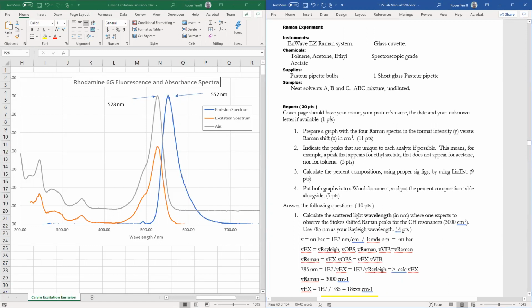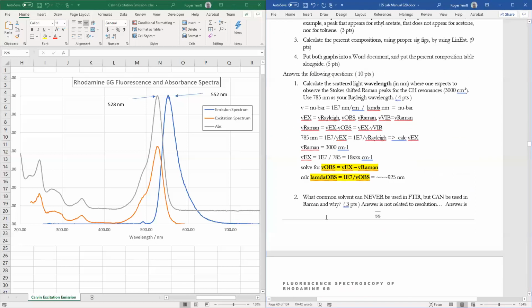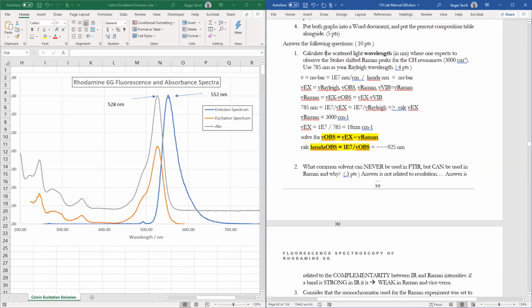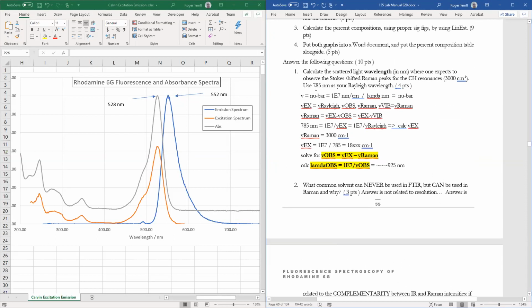So, does the rubric look like it lines up with these 1, 11, 3, 9, 5, and 10? Or the last 10 might be broken up into 3 different questions. Yeah, it's going to be 4, 3, and 3.